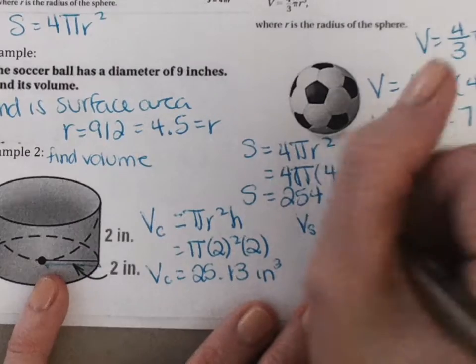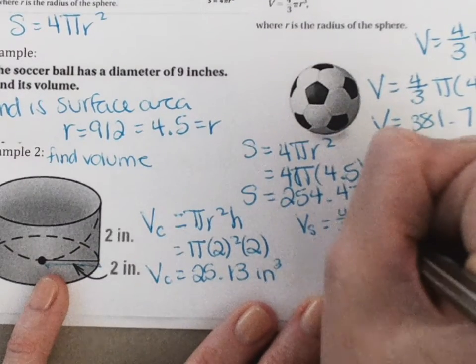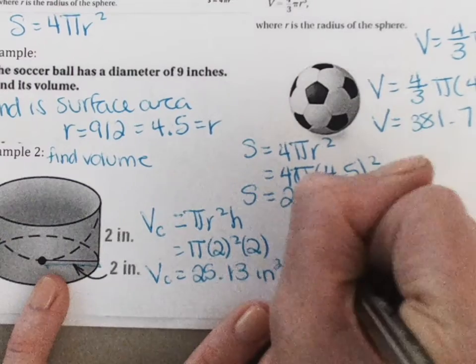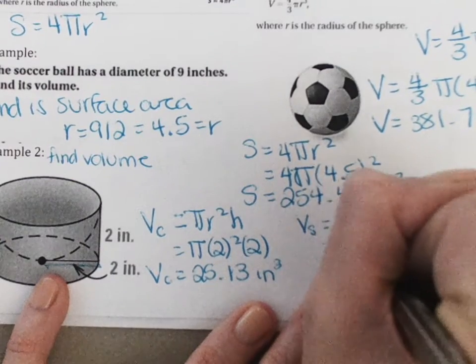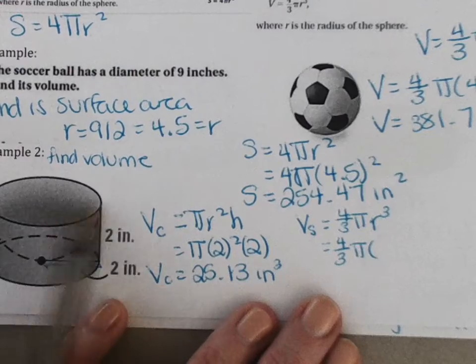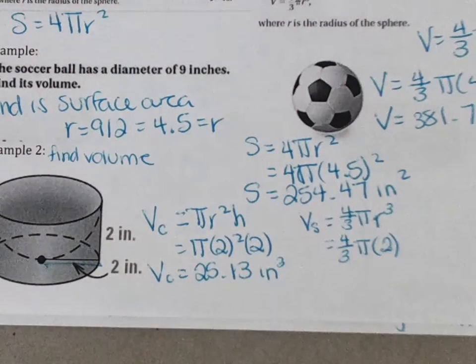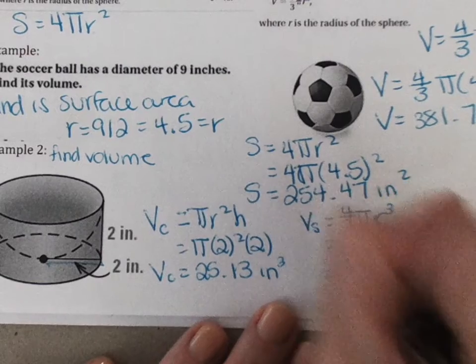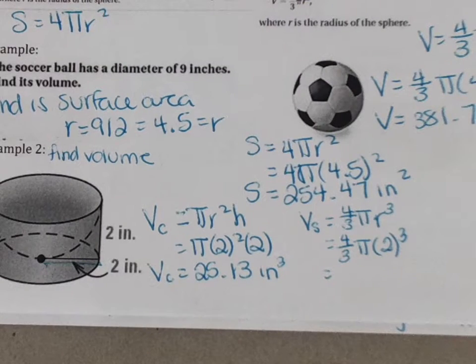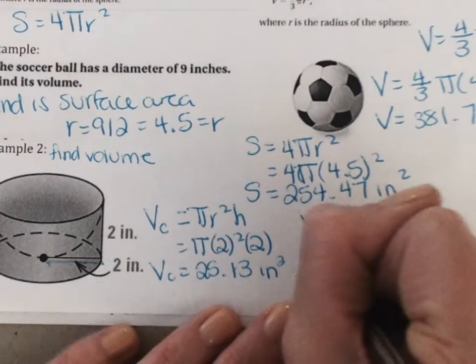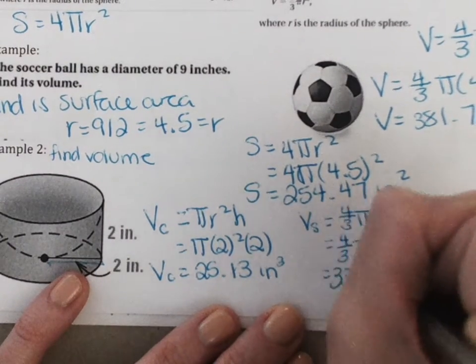So the volume of the sphere is 4/3 pi r cubed. My radius of the sphere is still 2, to the 3rd power. So I have 4/3 pi and then 2 to the 3rd power, which gives me about 33.51.